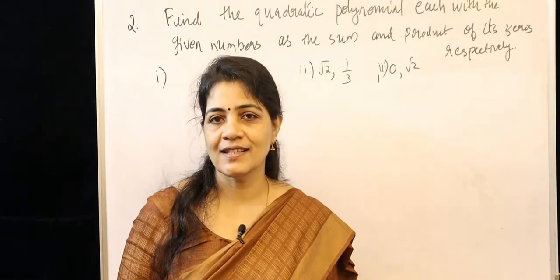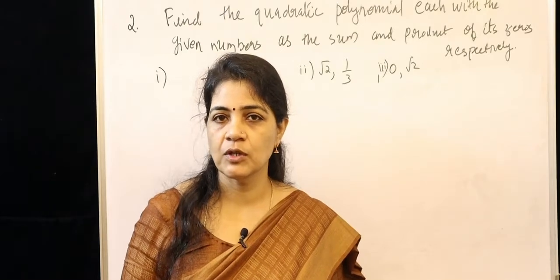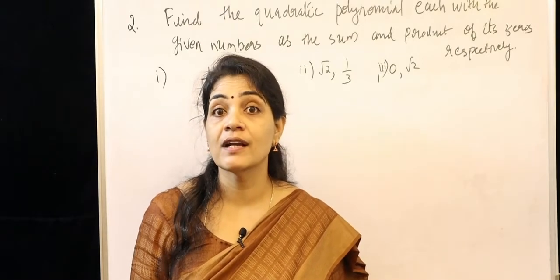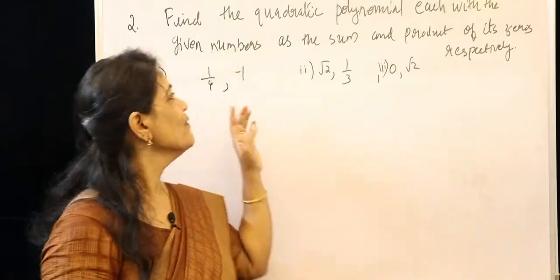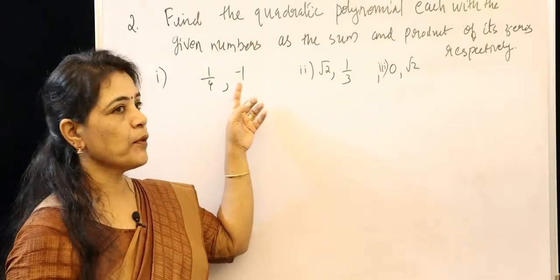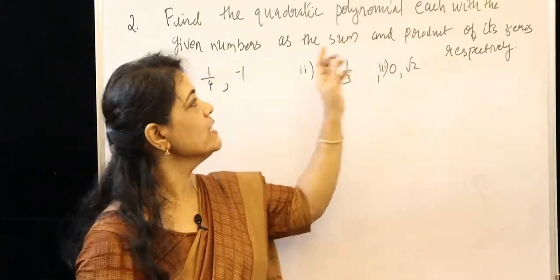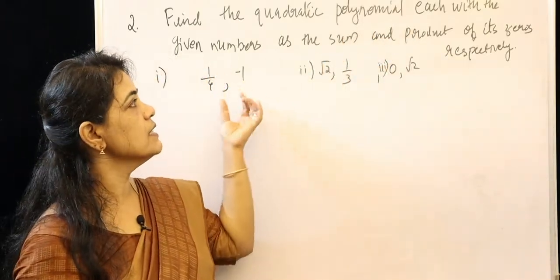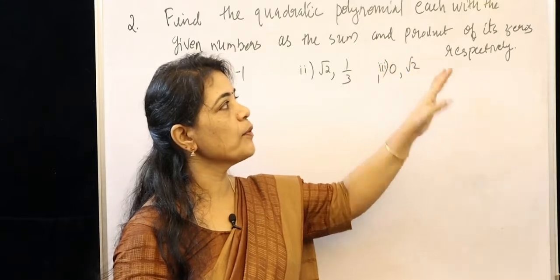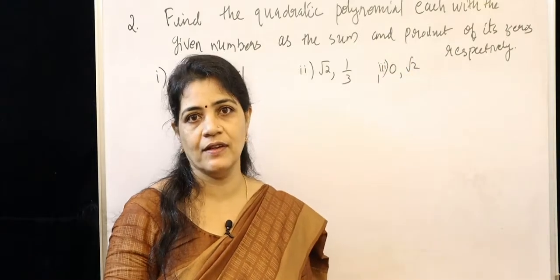So we are continuing with exercise 2.2, question number 2, that is, we have to form a quadratic polynomial. We are given the sum and product of the zeros. Find the quadratic polynomial, each with the given numbers as the sum and product of its zeros respectively.